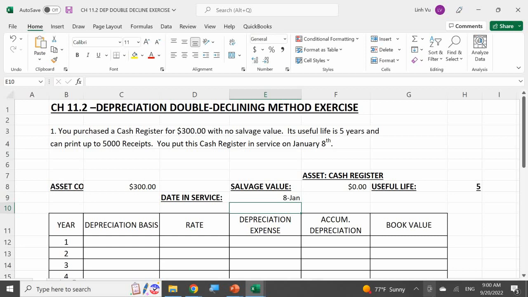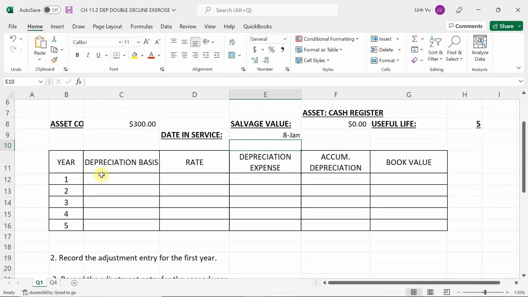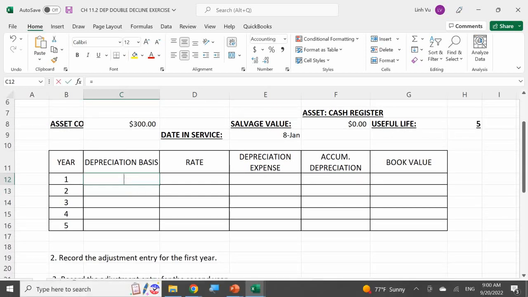So for the first year, what's my depreciation basis? 300. Because it's your beginning-of-the-year book value: asset cost minus accumulated depreciation. We don't have any accumulated depreciation, since we're starting our depreciation, so it's equal to your asset cost for the first year.